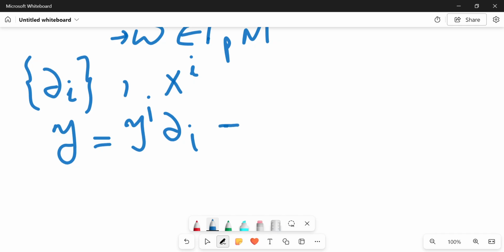What does that represent? This is the summation notation. This is contracted over i.